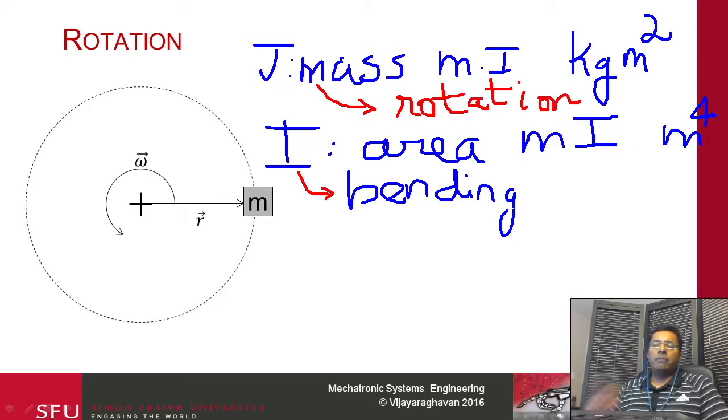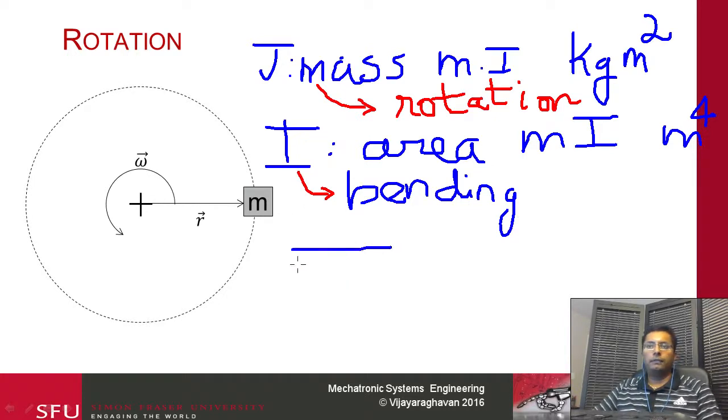So the same object could have both kinds of moments of inertia. You can have a beam like so, and if it's going to be bending, so if I apply a force like this, it's going to want to bend like this. So you would consider the area moment of inertia in this direction.